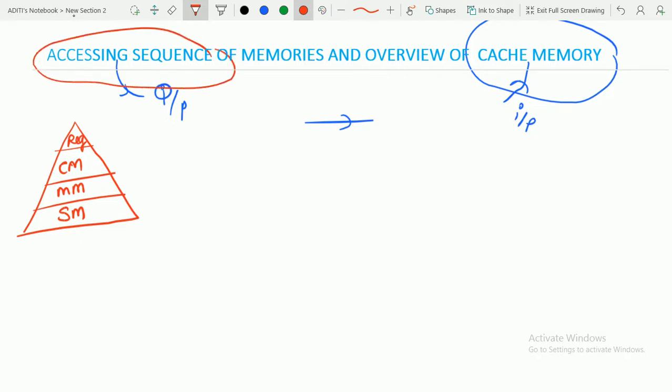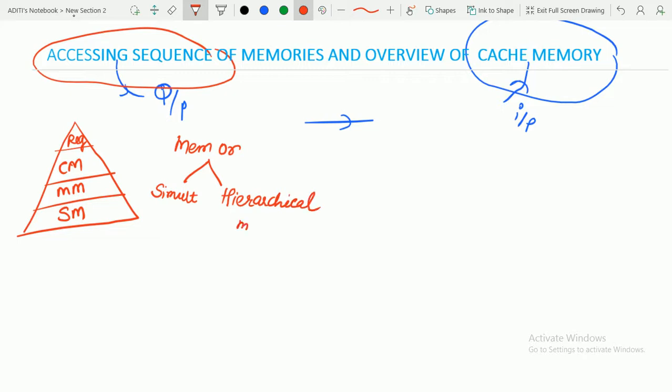As I already told when I was telling about the memory organization in the previous lecture, there are 2 types of memory organization: simultaneous access memory organization and hierarchical access memory organization.